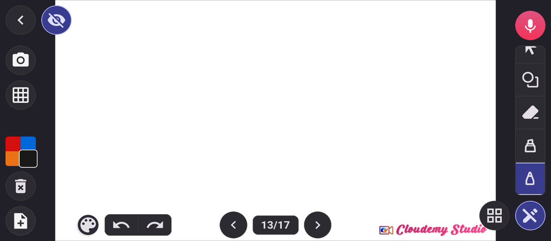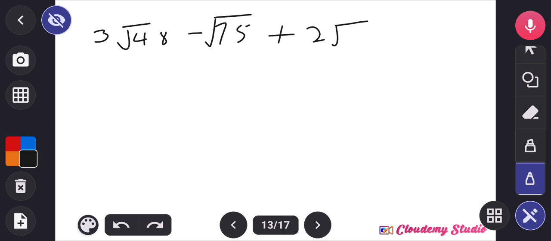Let us say we are given a question like 3 root 48 minus root 75 plus 2 root 12. Now, what are we going to do? This one is quite easy. What you're just going to do is simplify each of them.